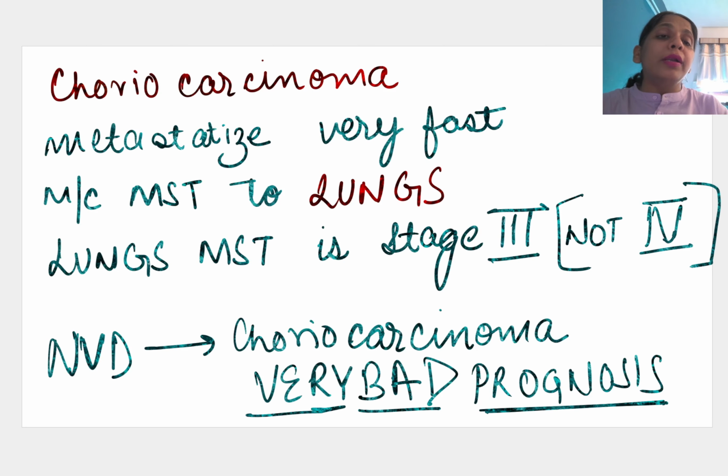If after normal delivery a patient gets choriocarcinoma, this patient is going to have a very bad morbid condition. Three times questions have come on this line in the past, so please focus on it: if after normal delivery the placenta changes into choriocarcinoma, it has a very bad prognosis.